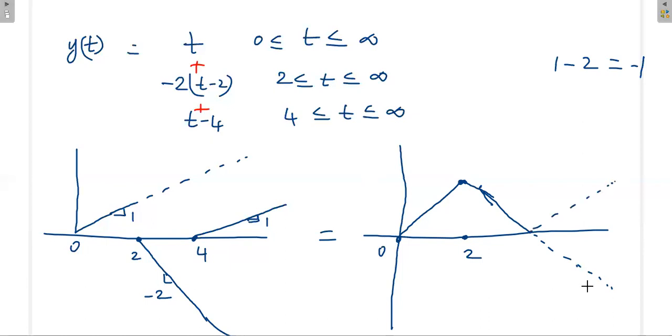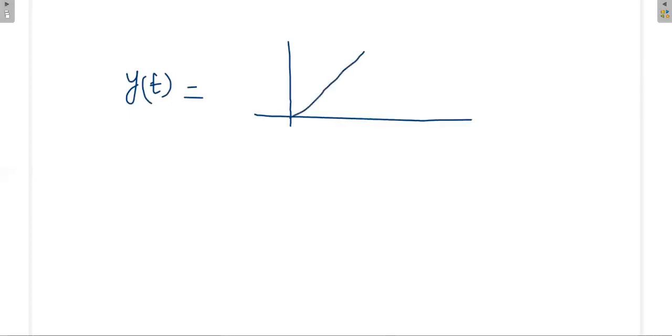This slope is minus 1 and that slope is plus 1, so both cancel. Finally you will be getting a triangle shape. Finally y of t is equal to a triangle from 0 to 4, and exactly at t is equal to 2, what is the value?